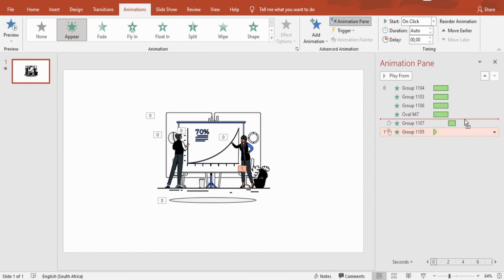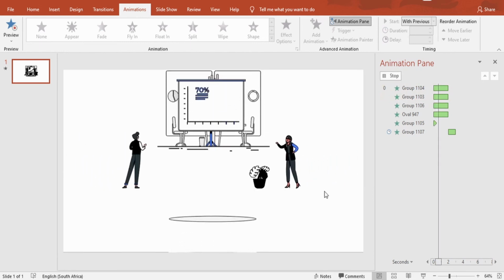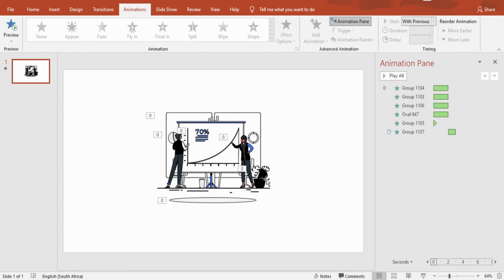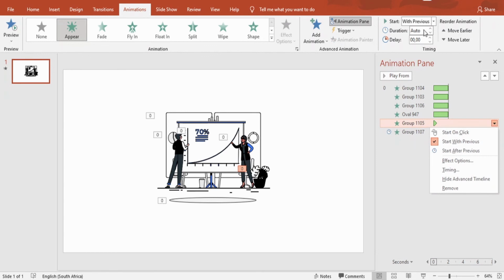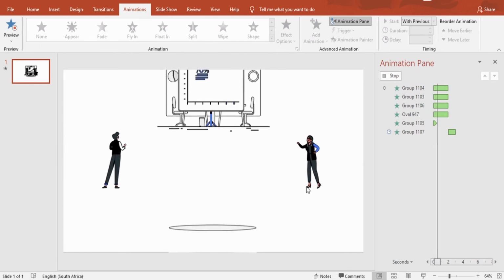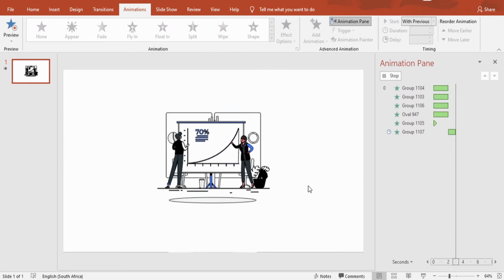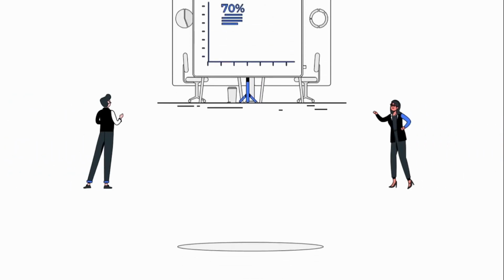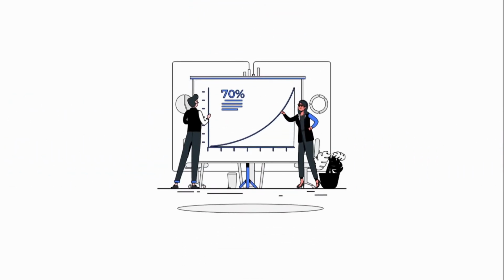So the appear maybe will come with the previous. But let's play from maybe 2 seconds. See what happens there. Perfect. And let's see what it looks like on full screen. Touche. Not too shabby, eh?